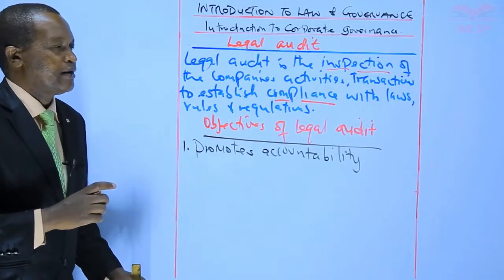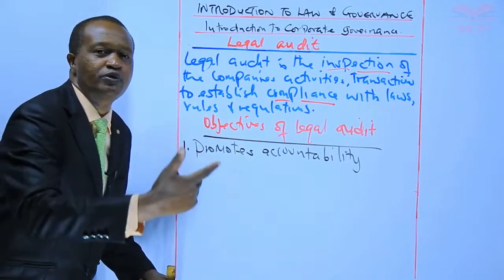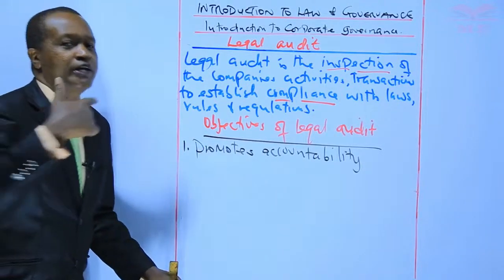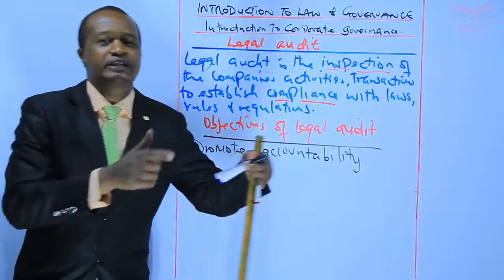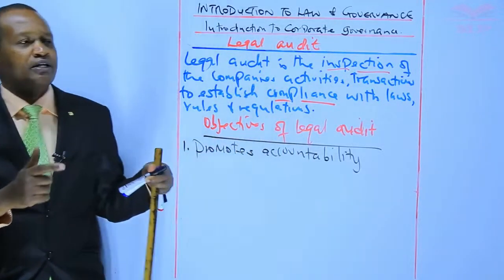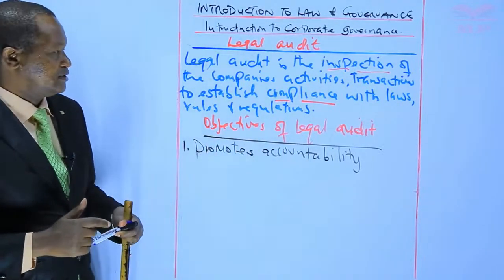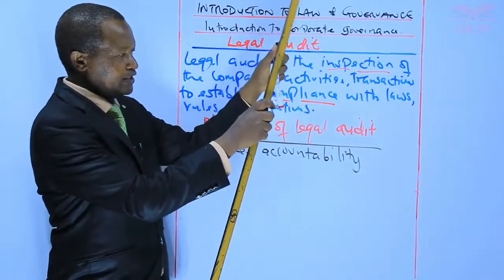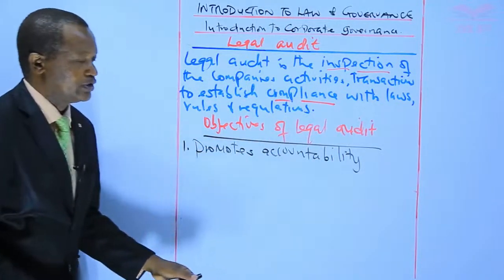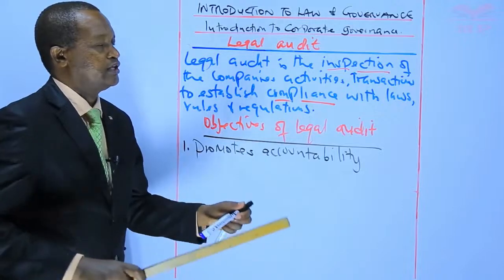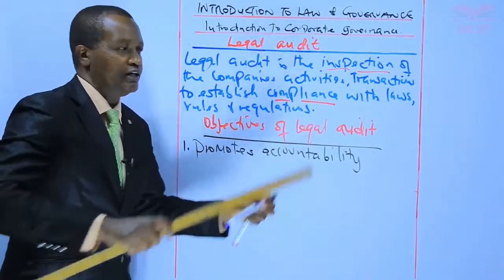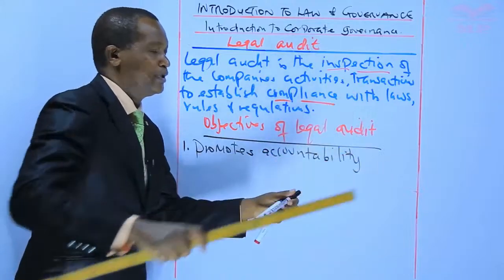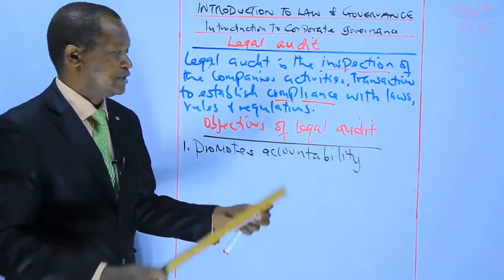By doing what? By reporting deviations from or violations of authorities so that corrective action may be taken by the company. Because when you are carrying out a legal audit, you on one hand have a list of the legal requirements, then you check if the company has complied, you tick, right? With this one, complied. Number 2, complied. Number 3, not complied.